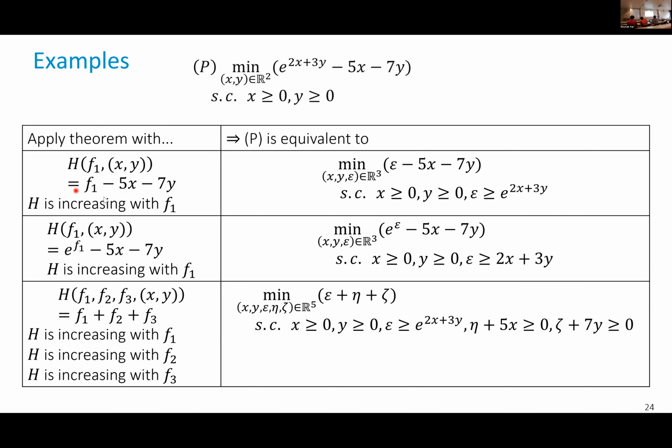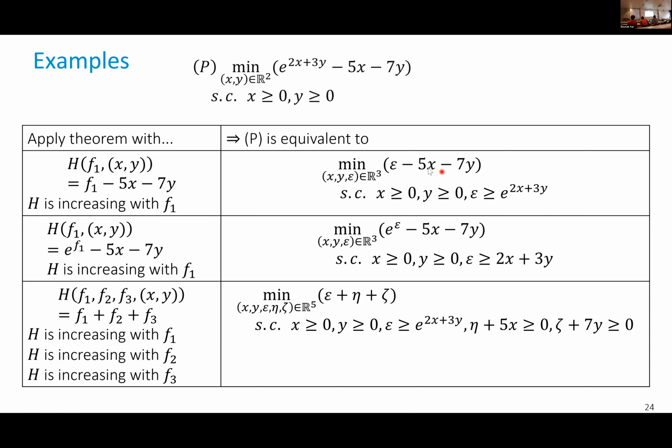The first element that I zoom on is simply this one here, exponential of 2x plus 3y, and the rest I don't consider as sub-expressions; I keep it unchanged. That means I can replace f1 by a first variable that I call epsilon, and I have to add the constraint that epsilon is larger than the expression given by that.